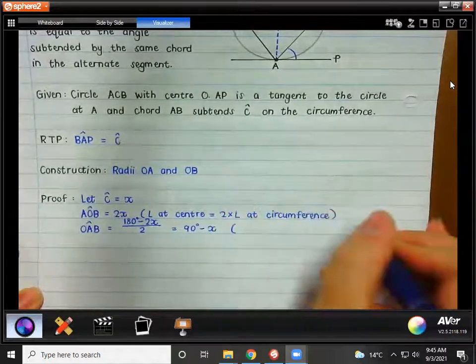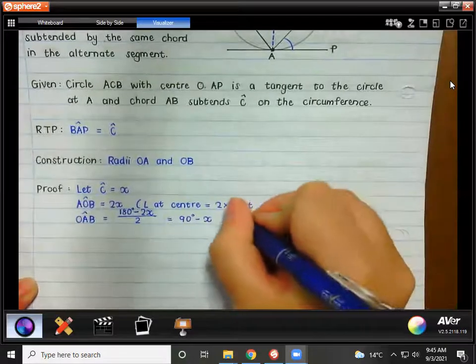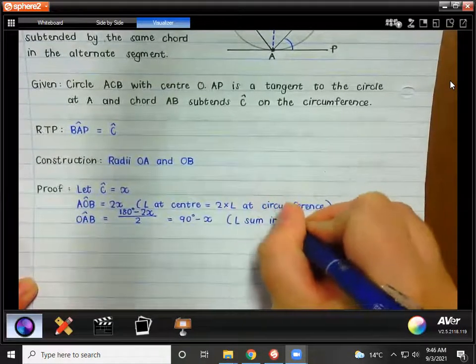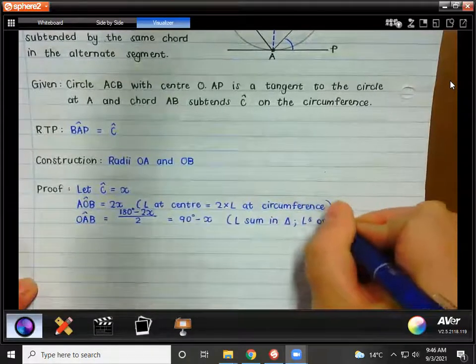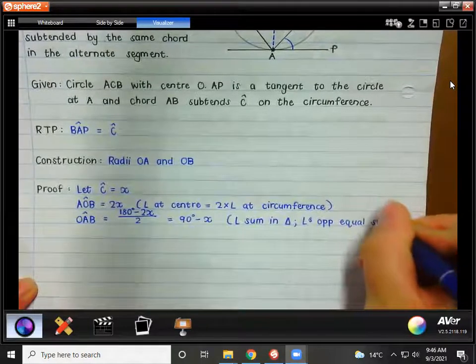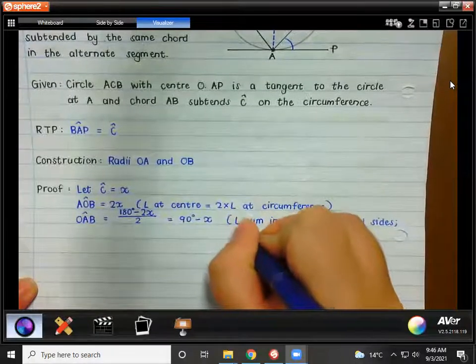The reason for that, now we need to put those 3 reasons that we always do. All right, so we're going to say angle sum in triangle, angles opposite equal sides, and then radii as well.